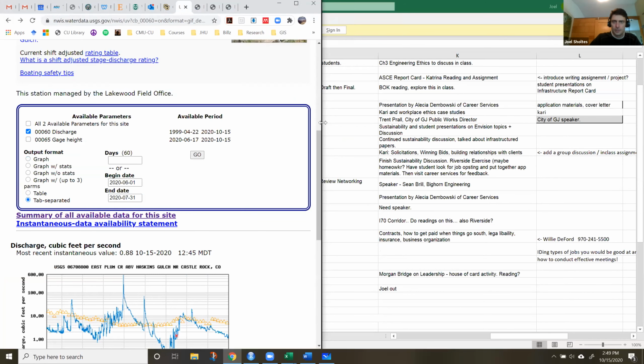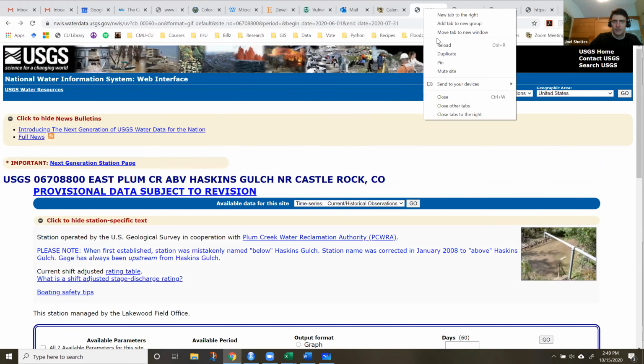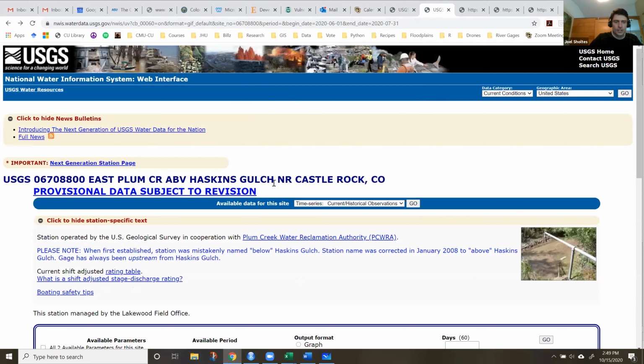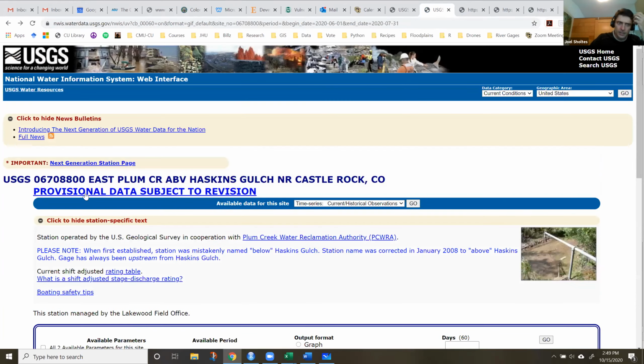So I've gone to East Plum Creek, and let me duplicate this. USGS gauge data. Some of you did USGS gauge data for that water data assignment. This is the USGS website. They maintain all the national stream gauges and usually have partnerships.